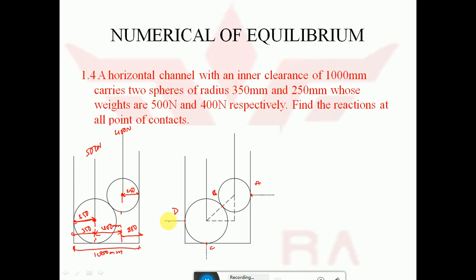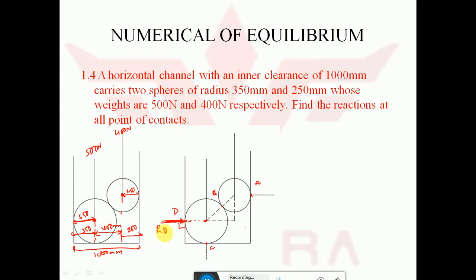The reaction developed at this point will pass through the CG of this sphere, since reactions are directed toward the centroid. This reaction directed toward the centroid of this sphere I will note as RD, which is at 90 degrees.